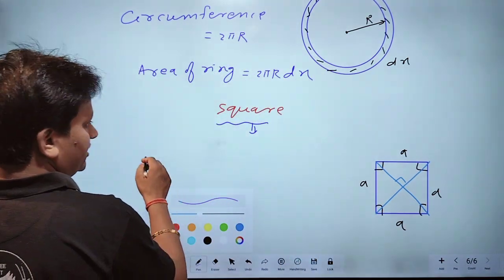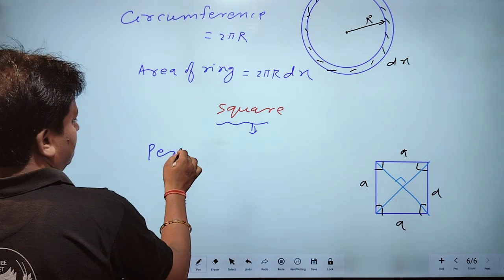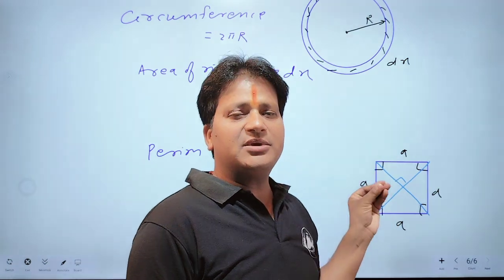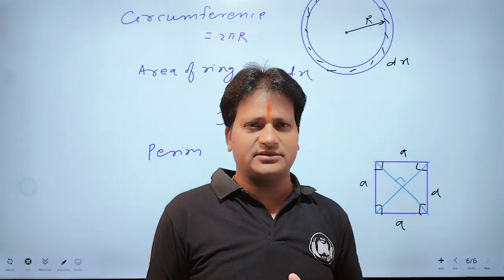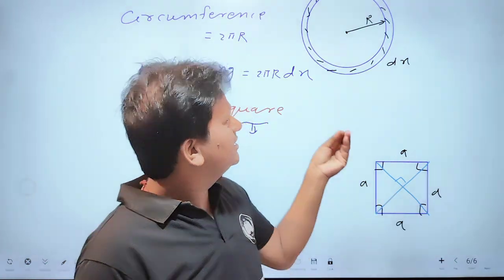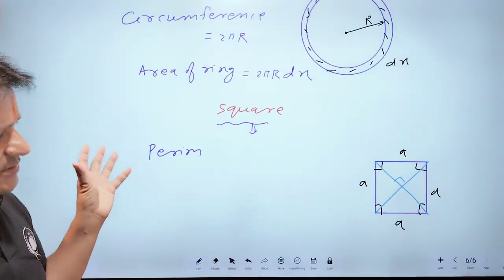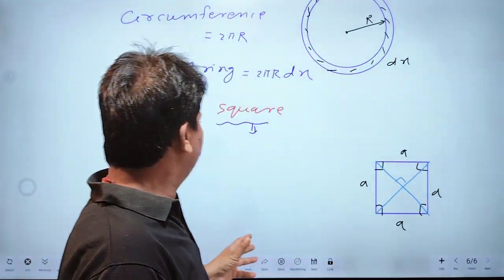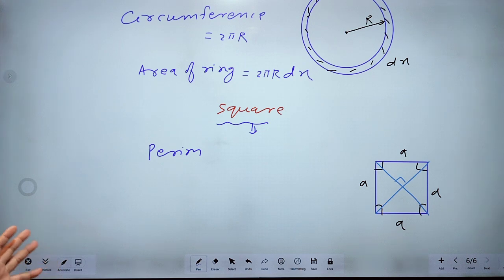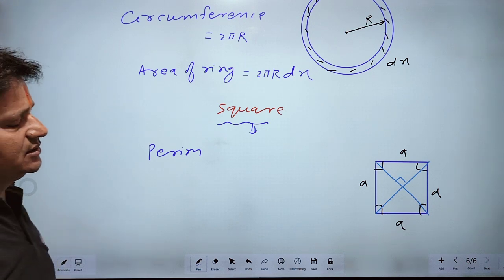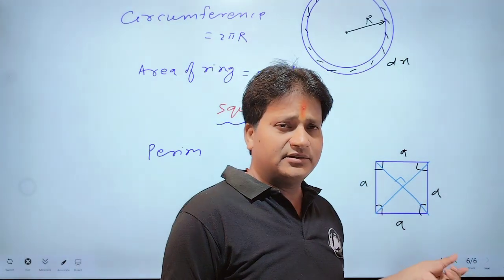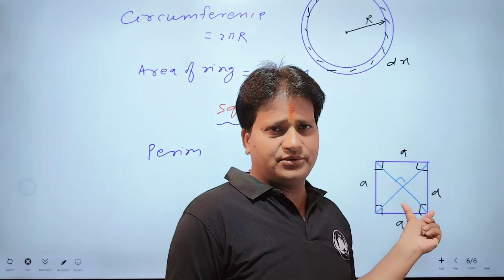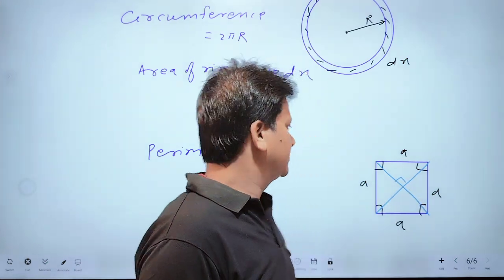What will be its perimeter? Perimeter means sum of all sides. For any shape, triangular, rectangular, if you have to find perimeter, then you add the length of all sides.